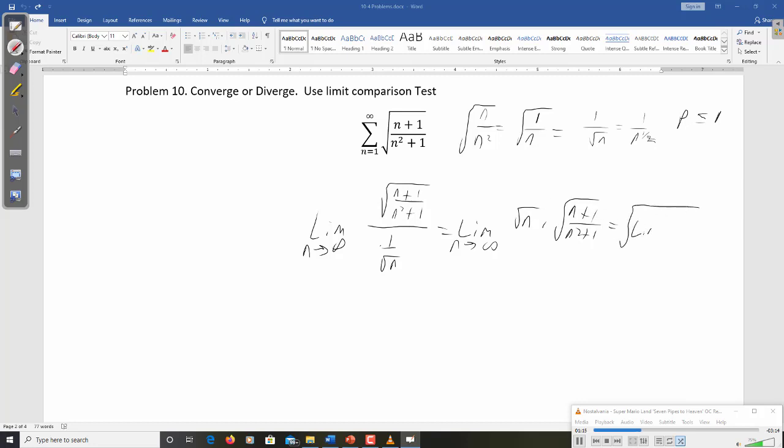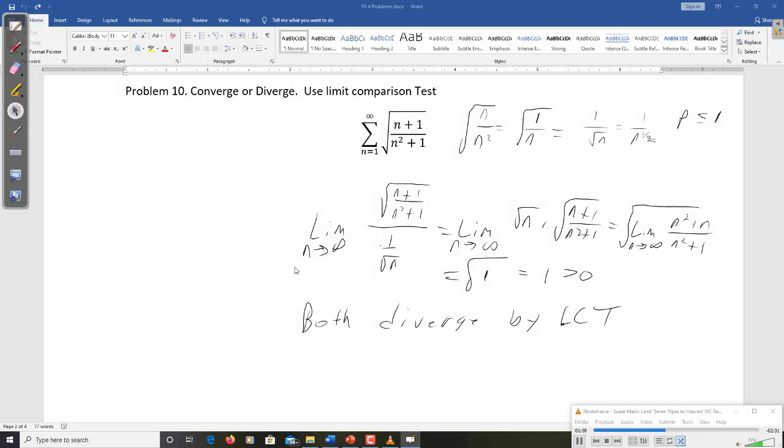Square root of the limit as n goes to infinity of n squared plus n over n squared plus 1. And that's just going to go to 1. Square root of 1, so that is a constant greater than 0. So they both diverge by the limit comparison test, or the LCT.